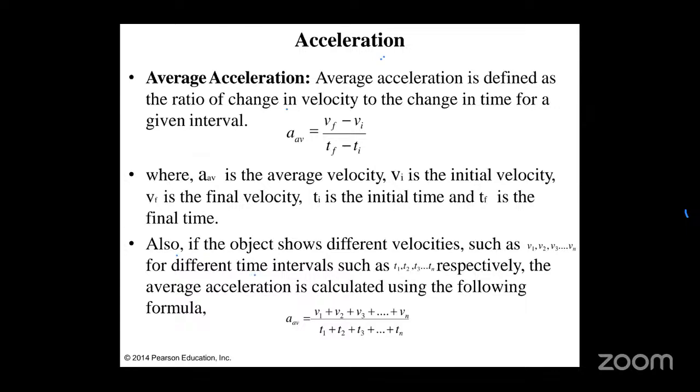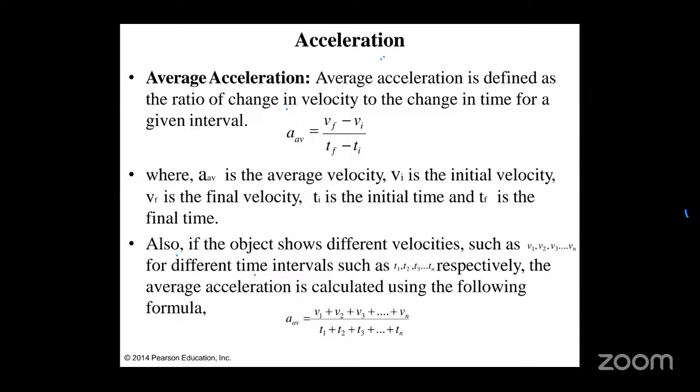Average acceleration is defined as the ratio of change in velocity to the change in time for a given interval. So we have final velocity minus initial velocity over final time minus initial time.